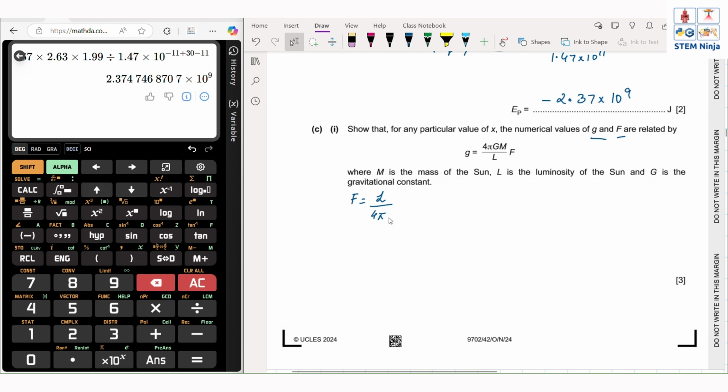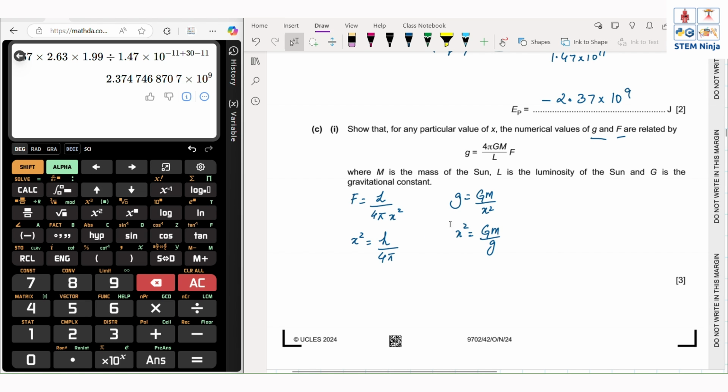So we just need to replace x over here. So x squared over here is given as L over 4 pi f. We also know that g is equal to GM over x squared. So x squared over here is GM over small g.